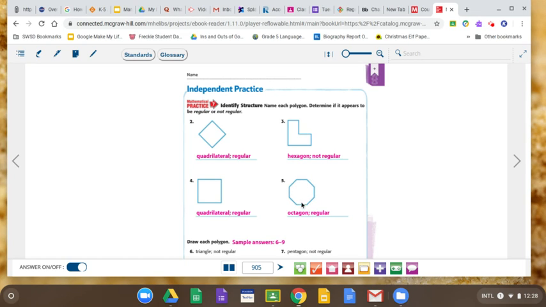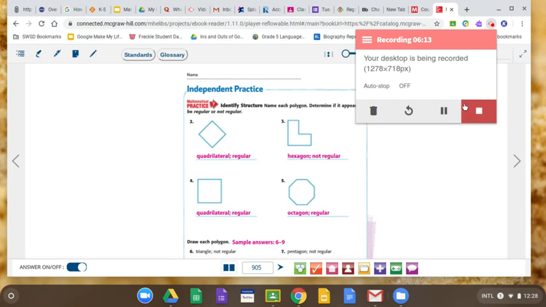It's got 8 sides, and it is regular because all the sides are the same, all the sides are congruent. I did just look at the Google Form too, and for this one here, you can call this one a square or a quadrilateral. I'll put both options on there, but it does have to be considered a regular polygon.